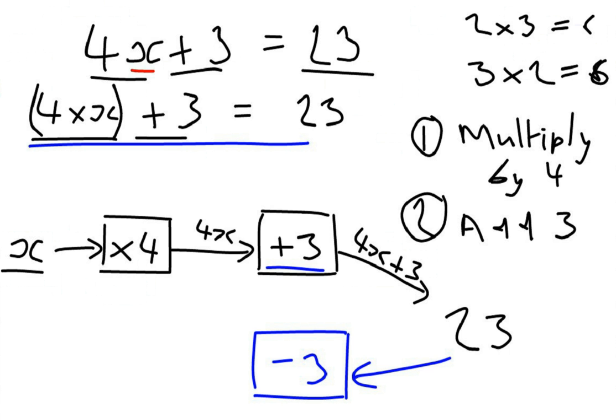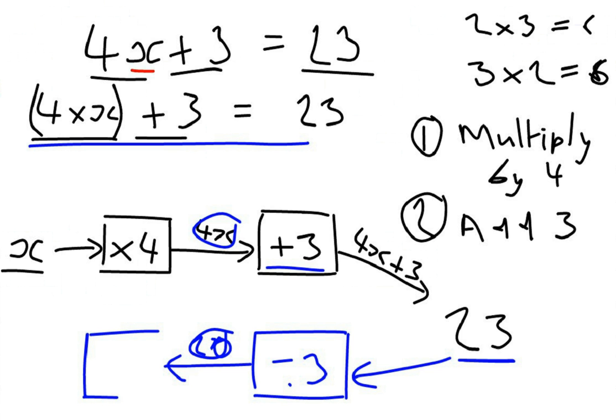And we're going to say what comes out. So 23, take away 3, gives me 20. As long as you line up the boxes, it shouldn't be a problem, and 4x would be equal to 20. We'll come to that in a minute. But just for the minute, we've done 23, take away 3 is 20.